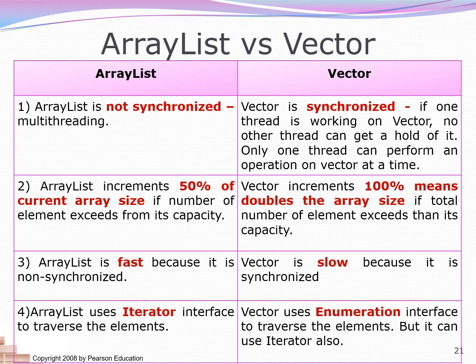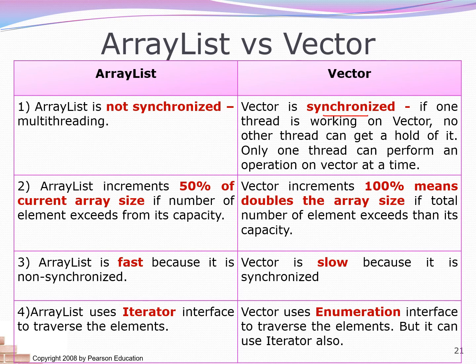Say you are adding something in a vector, you do not want another program to also add at the same index. So you do not want the data to be changed while it is being written at a certain index. That is what is called synchronize.